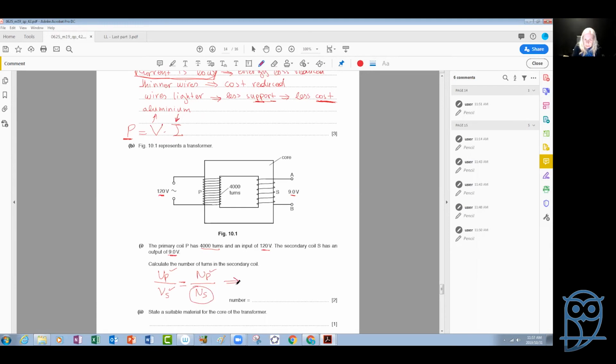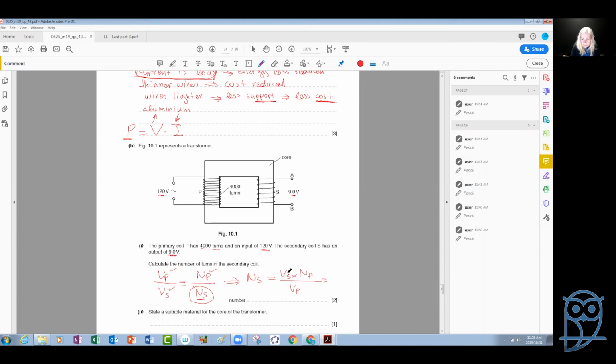So from there, if we solve for the turns of the secondary coil, what do we have? Voltage of secondary times the turns in the primary divided by the voltage in the primary. In other words, I solved this equation for this unknown.